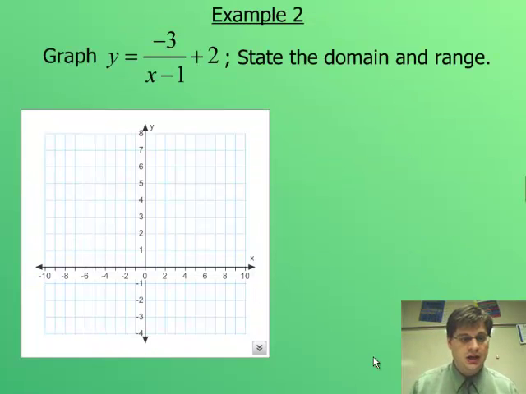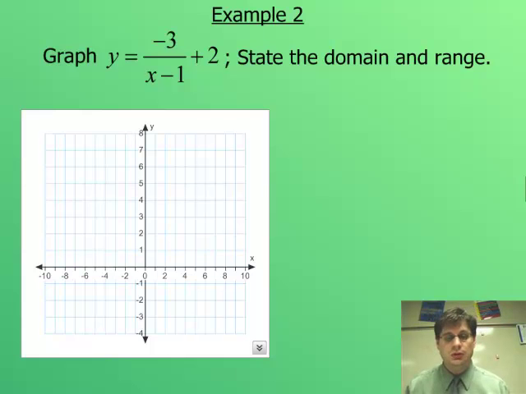So let's say I want to graph something like y equals -3 over x minus 1, plus 2, and I want to state the domain and range. The first thing I want to do is find the asymptotes. Now recall our first function, the parent function, the asymptotes were on the x and y axes respectively.